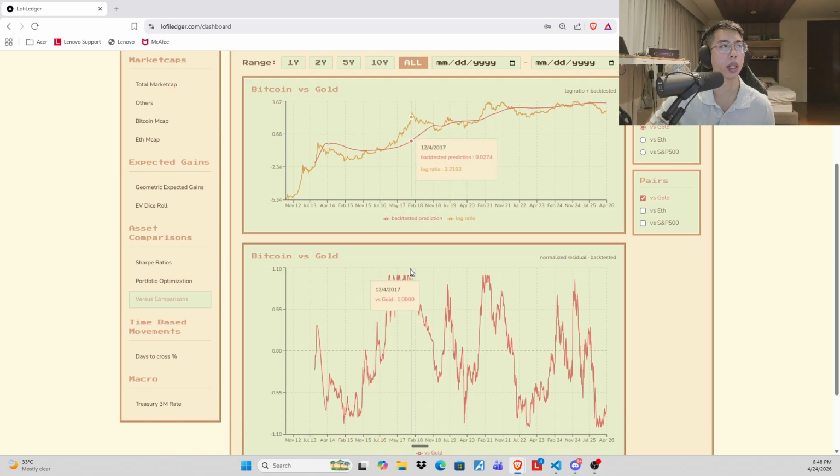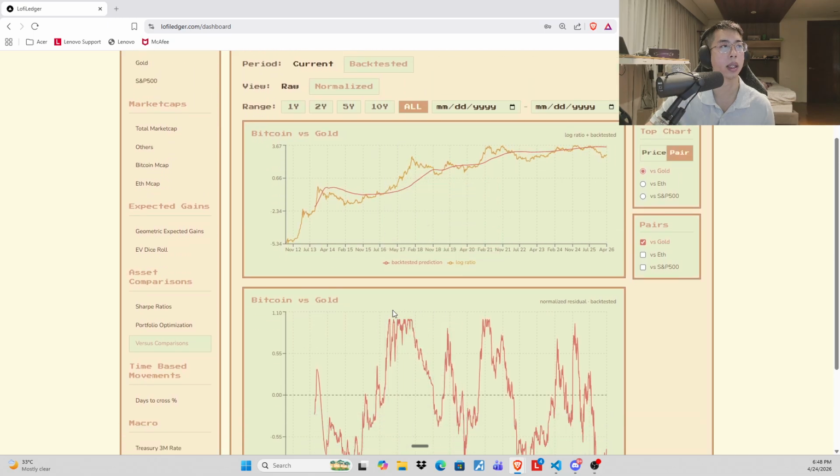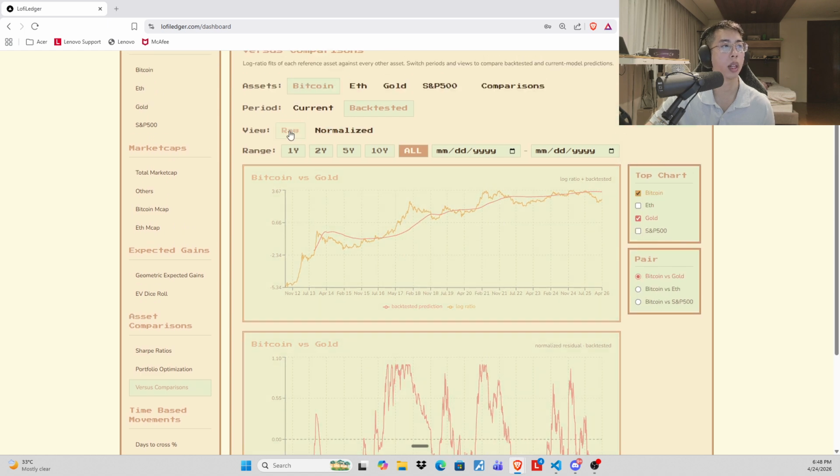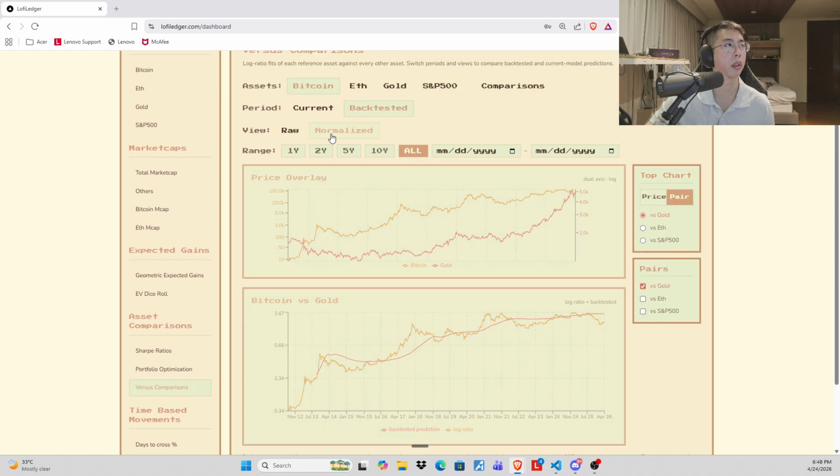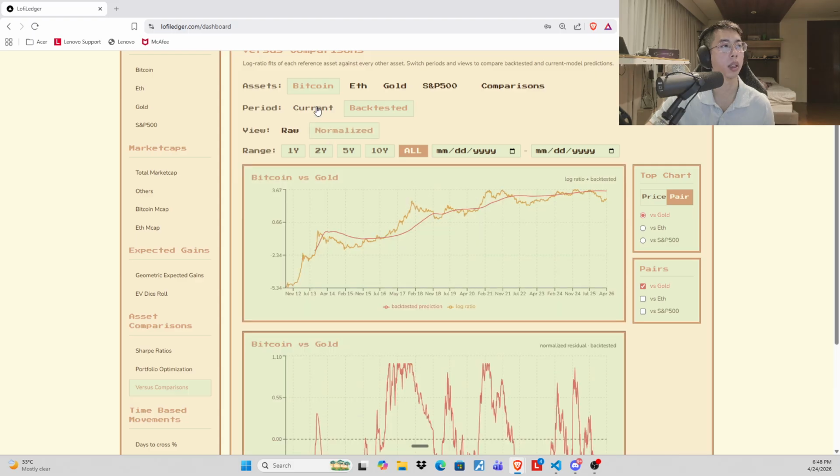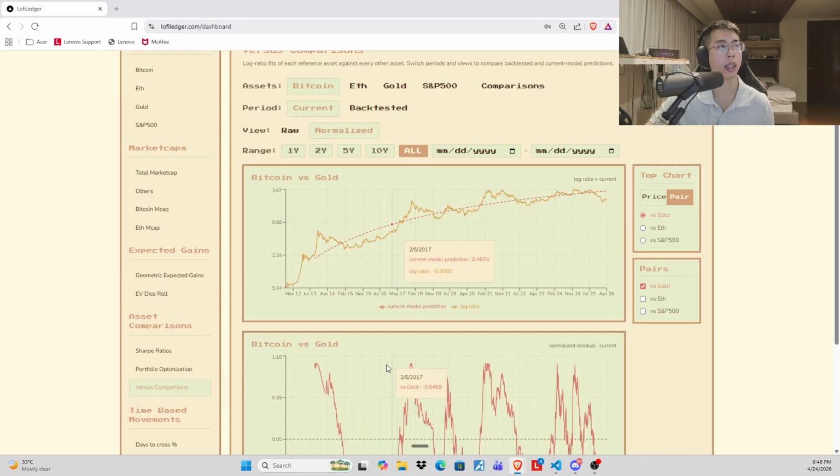For example, in the backtested view, these were the tops wherein you should have sold your Bitcoin for gold. If you look at the current, it looks slightly different because now it's fit differently from historical values, but the peaks are roughly the same.